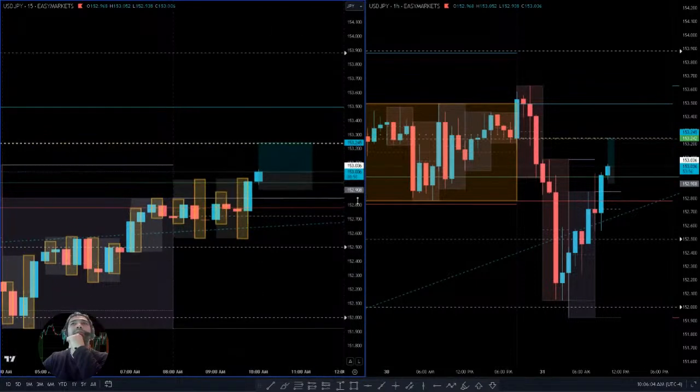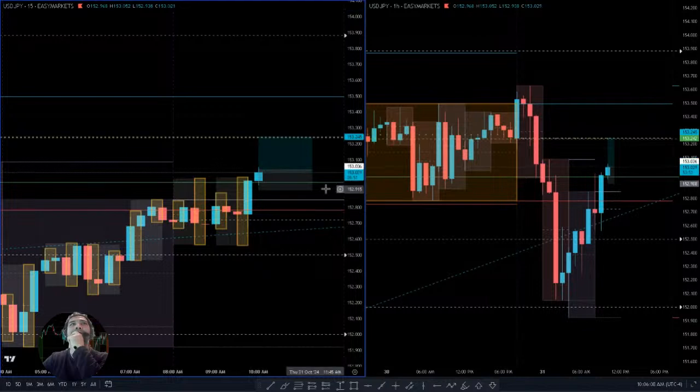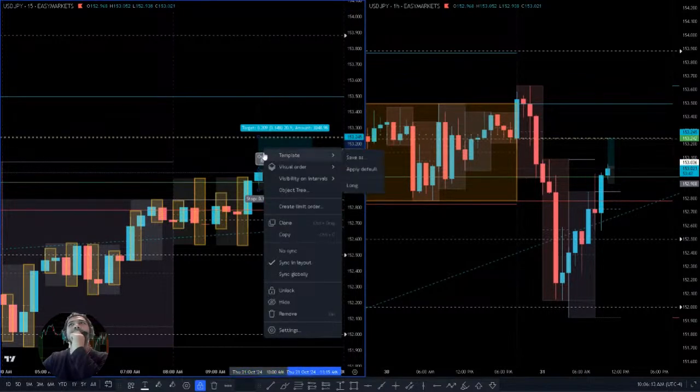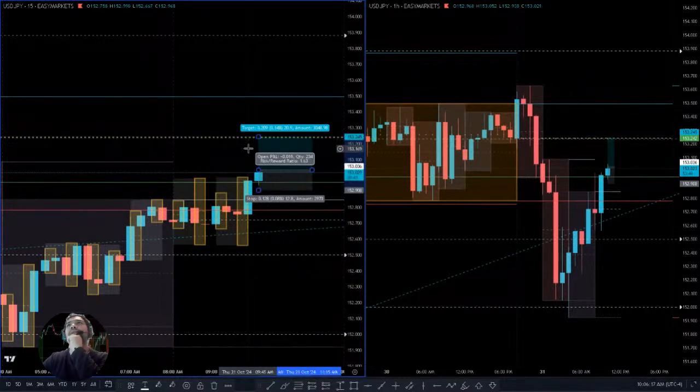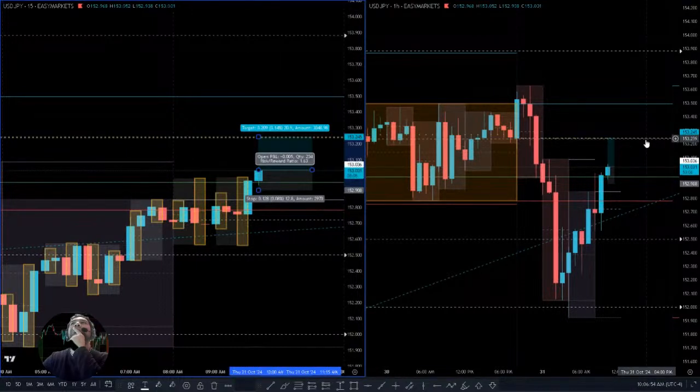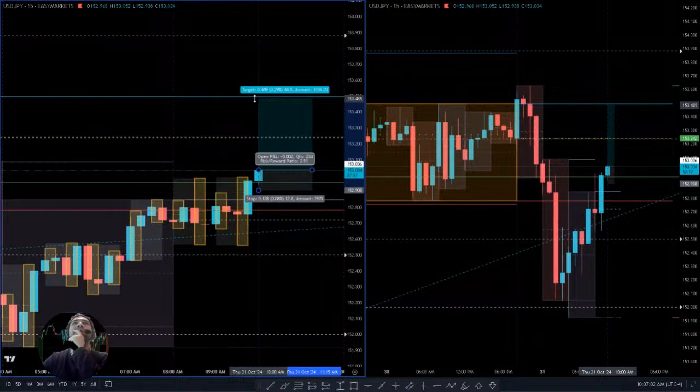The idea is that there could be a continuation in this hour that could take the prices back to, let's put it to the extreme end.